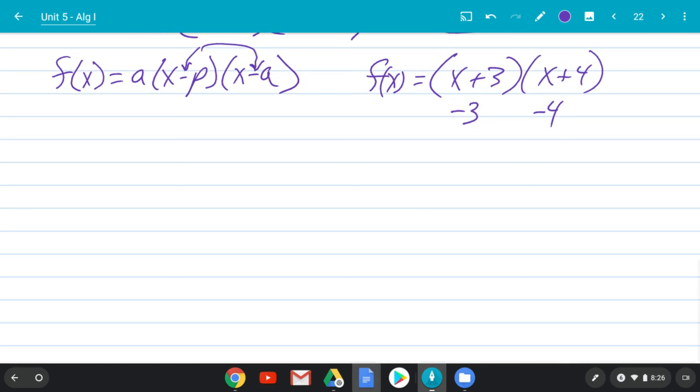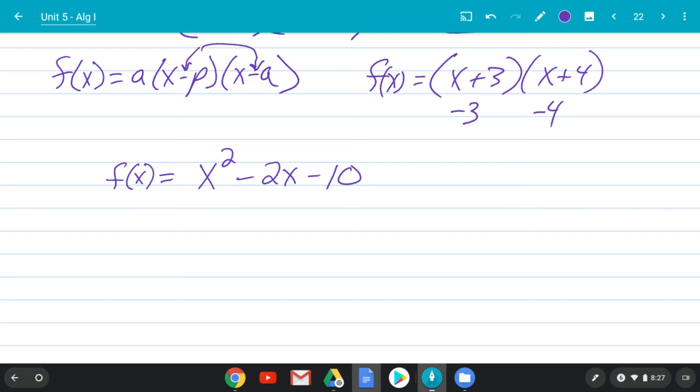Let's do another one. Let's have f of x equals x squared minus 2x minus 10. And I want to solve this, or I want to find x-intercepts. I want to factor it.